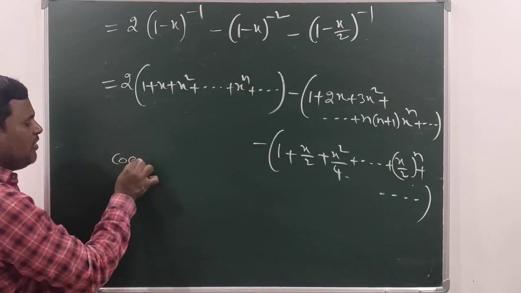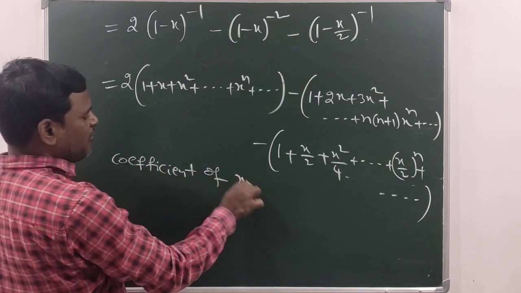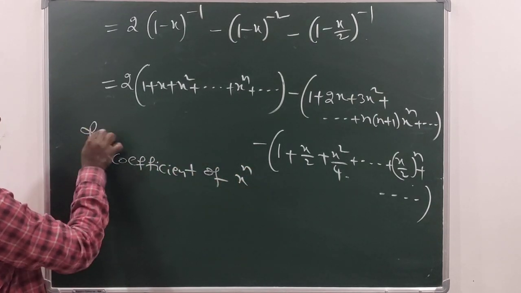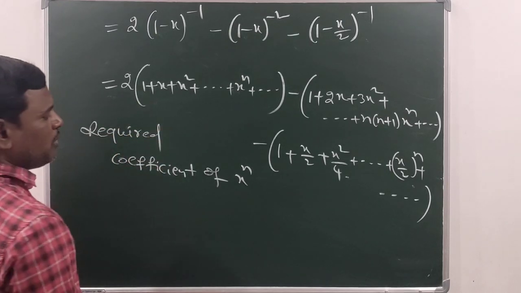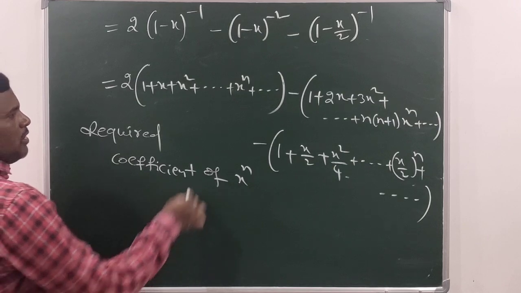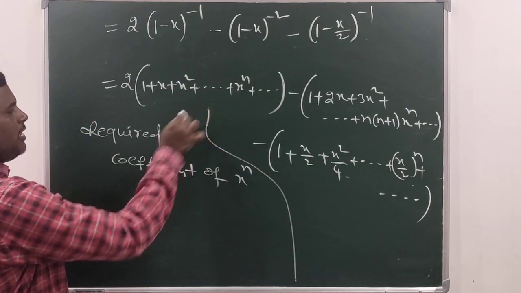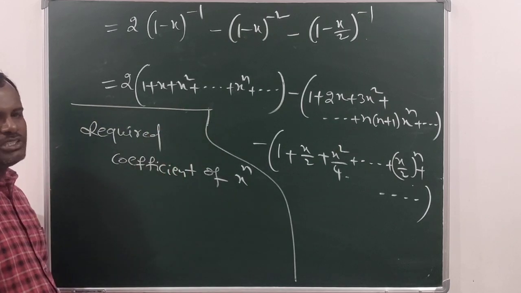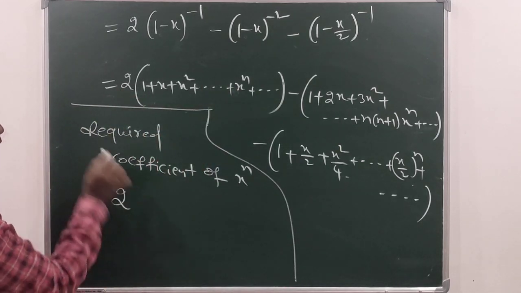In the first series the coefficient of x power n is 1, but before that 2 is there. So the required coefficient of x power n is 1 into 2, 2.